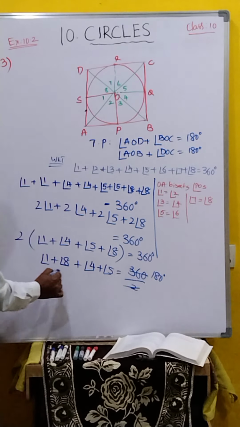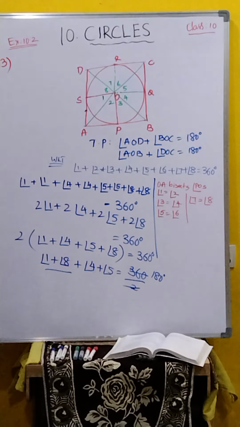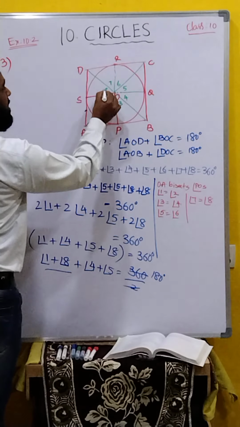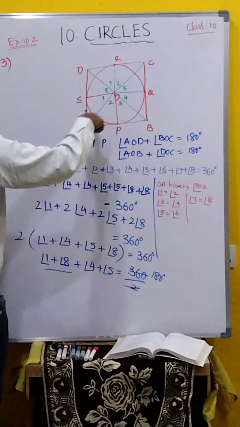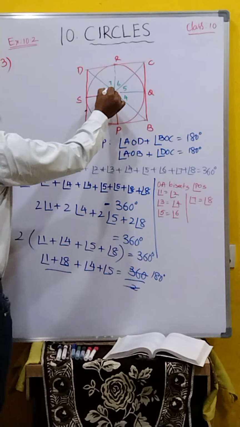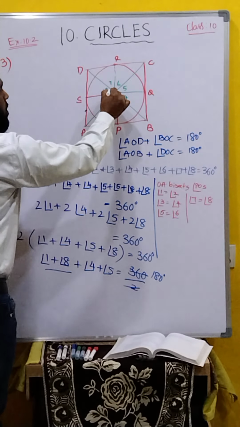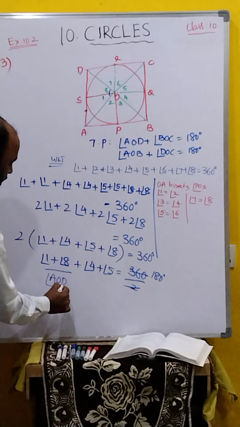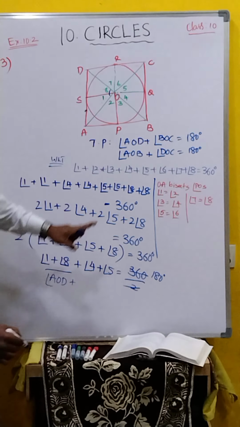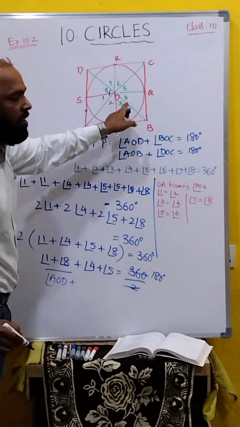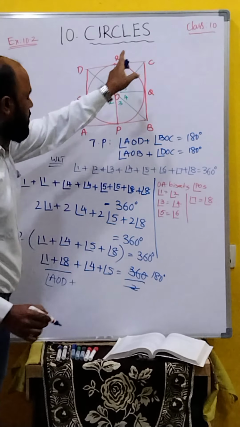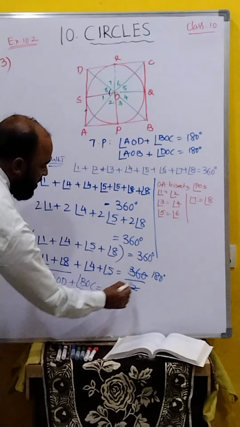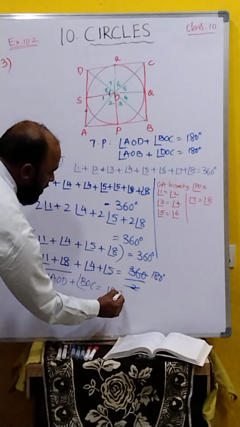Then angle 1 plus 8, observe here, what is there here? 1 plus 8 is equal to AOD. Right, here angle AOD plus 4 plus 5, the 4 and 5 here, what is that? BOC. Angle BOC is equal to, we know, 180 degrees.